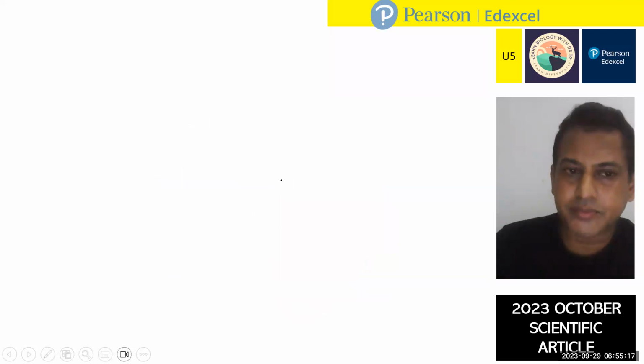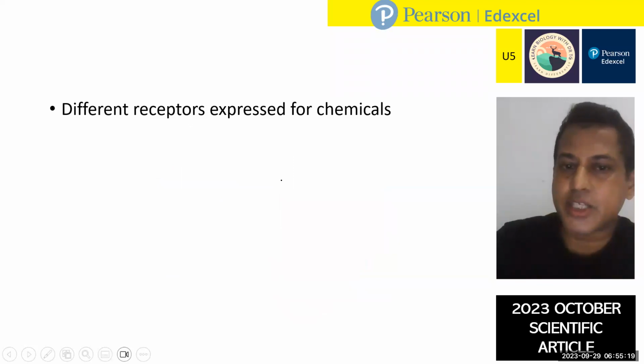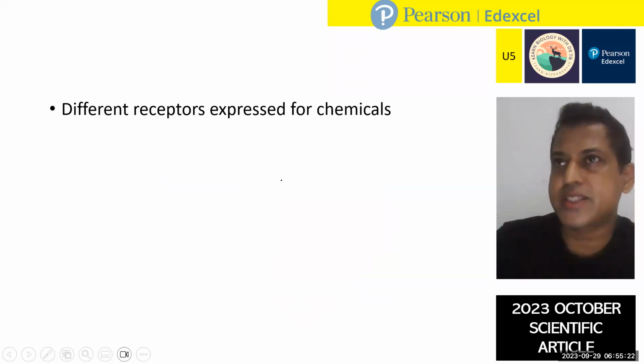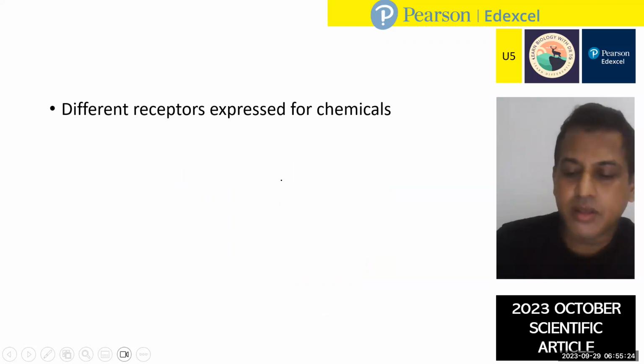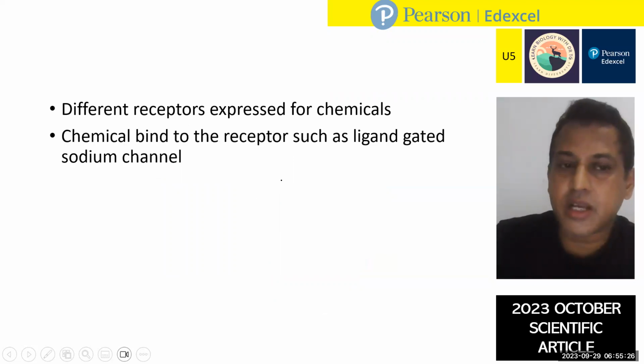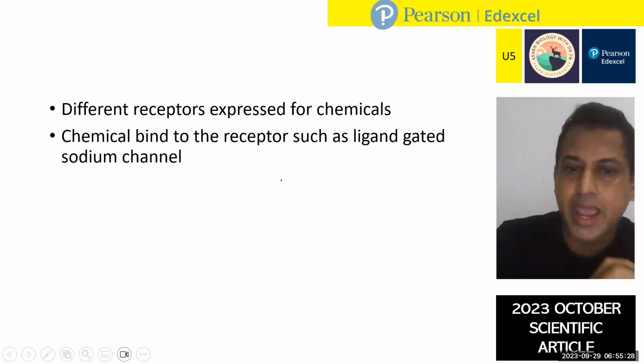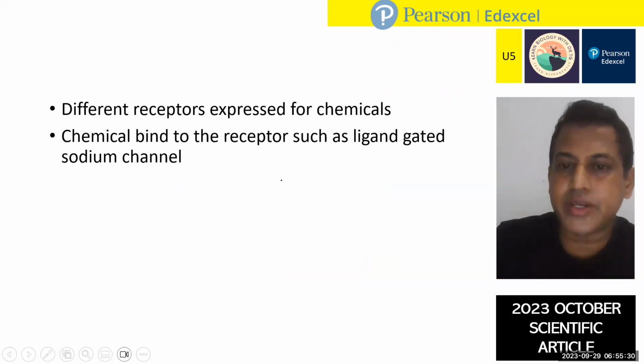So the answer: different receptors express for different chemicals, cytokines. So chemicals are complementary to each receptor, and they can bind to the receptors and activate receptors such as ligand-gated sodium channels.